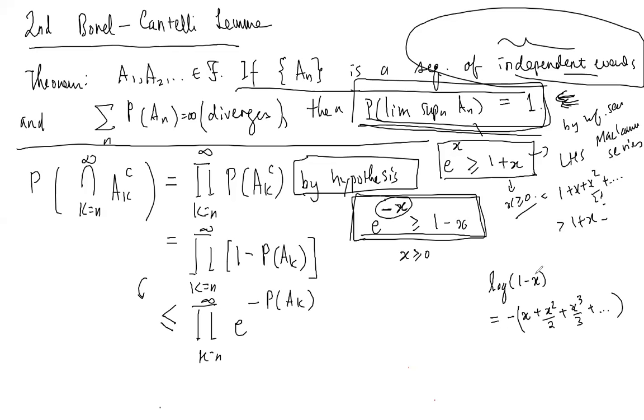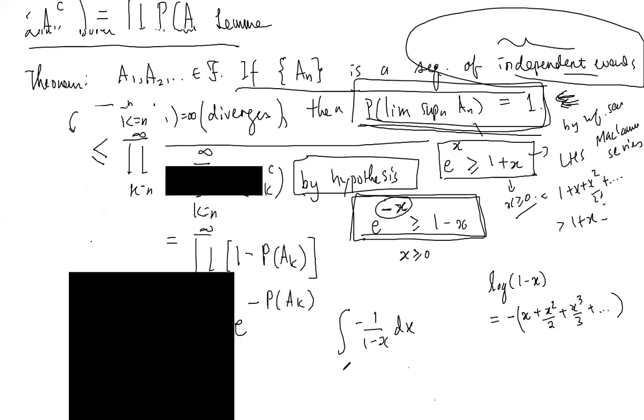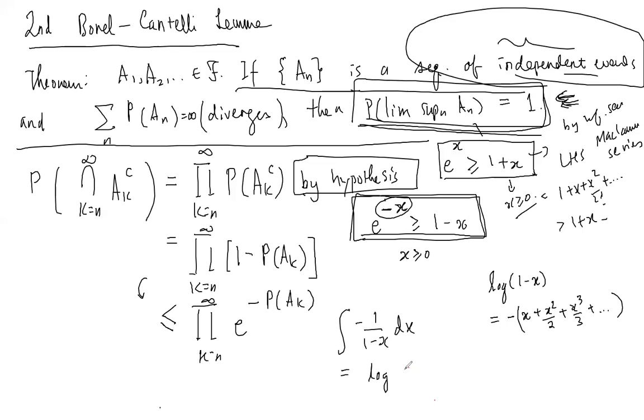You can actually get this from calculus. You can generate this as follows using integration. You take the integral of minus 1 over 1 minus x dx, which is the same as log of 1 minus x, plus c.